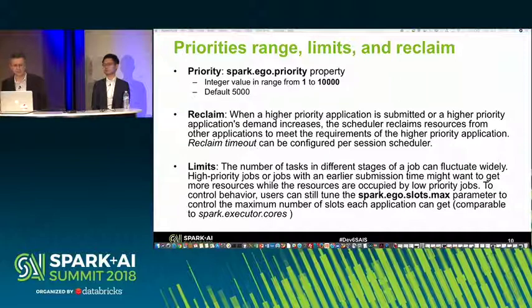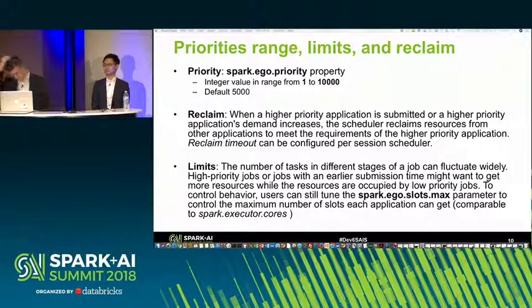So basically when we start a new application on the same session scheduler, or we change the priority, we need to reclaim resources from the already running applications. And it can be done in basically 3 different ways. This is controlled by reclaim timeout, another property which can be configured, and my colleague will talk in detail about this.